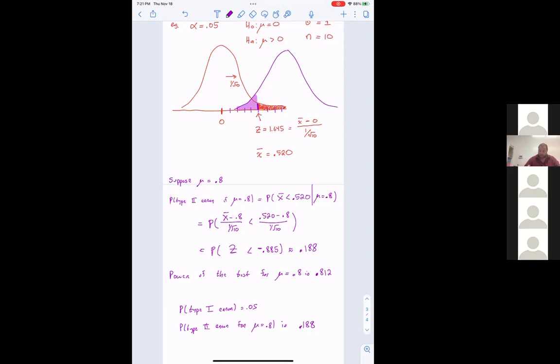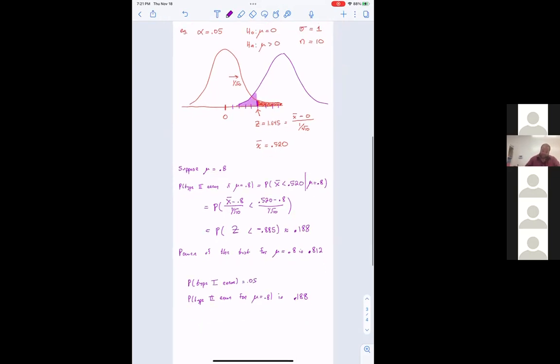In fact, rather than taking one from the book, I have an idea. Let's do the same problem, but this time have a sample of size 20. Let's see what having a sample of size 20 does to everything.